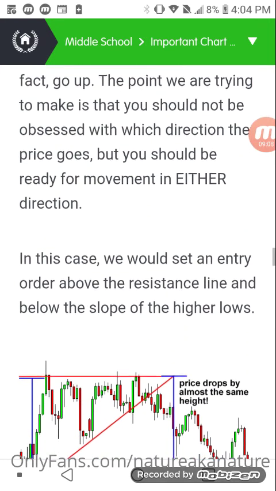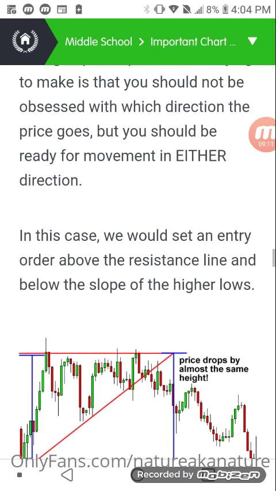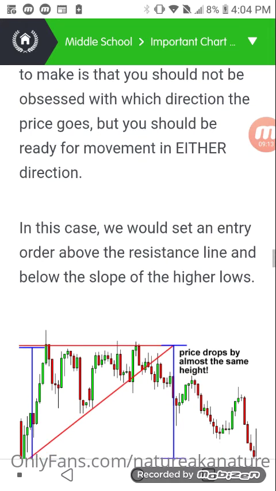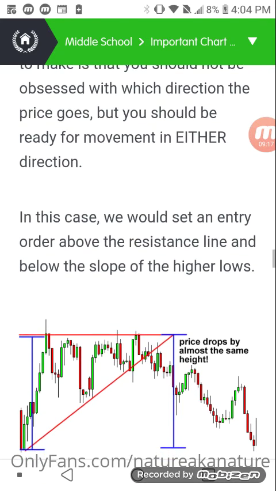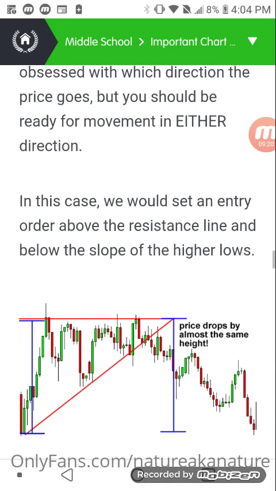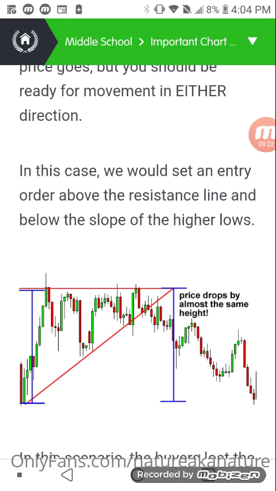So in case we set an entry order or a pending order for a buy above the resistance line, above the slope of the higher lows, price could fake out, and price could drop almost the same height. Instead of pushing as a continuation towards an uptrend, price could always do what it wants to do, and it could drop almost the same height as the original uptrend.